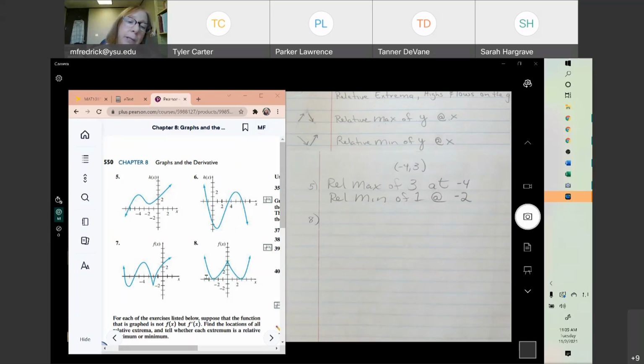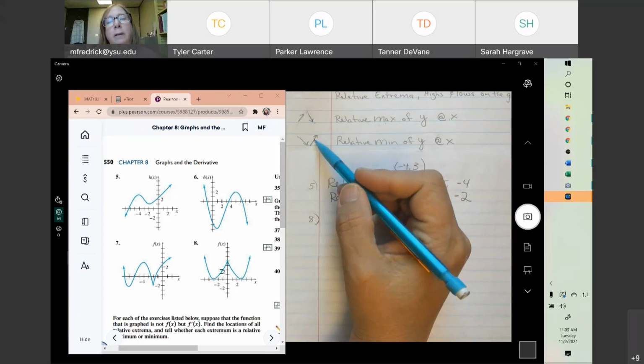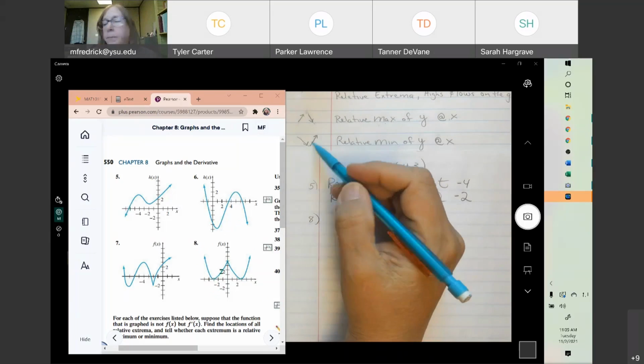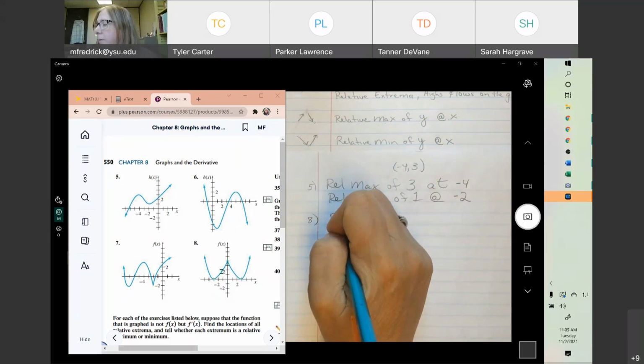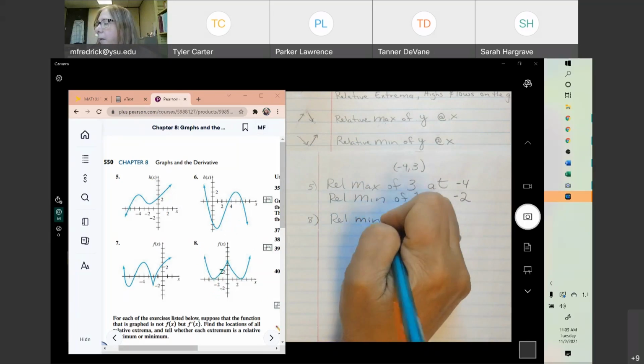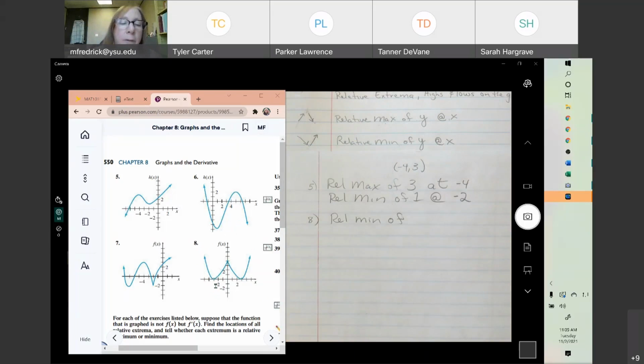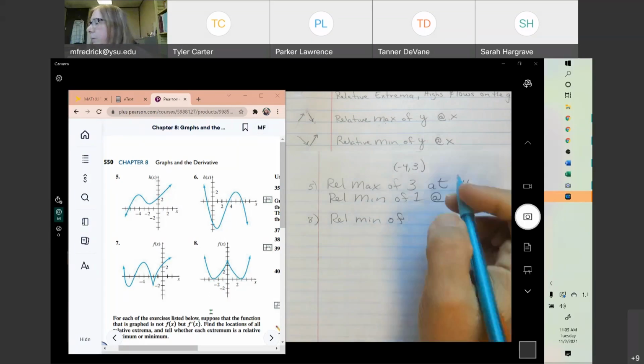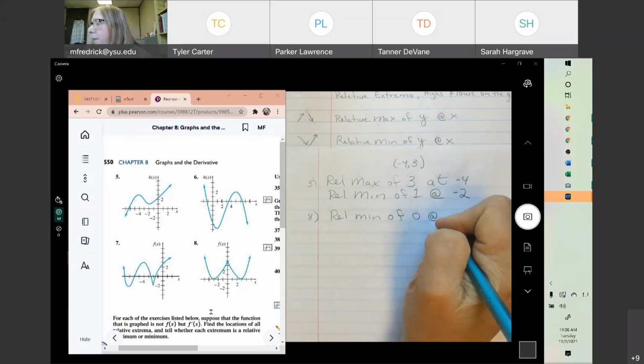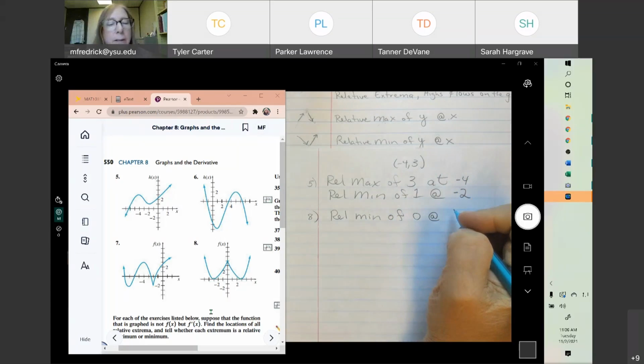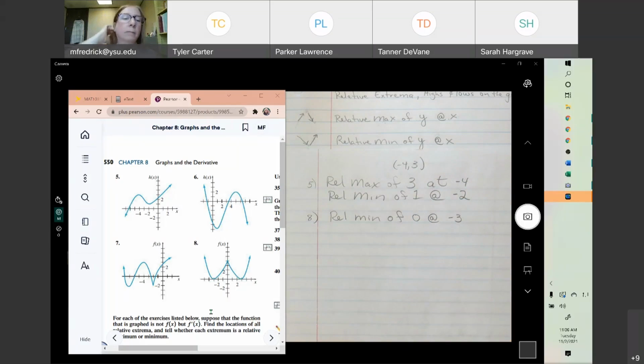Because this is a low point, it's decreasing and then increasing, like we have here. It's a min. So we have a relative min of the y value is 0 at the x value is -3. Any questions?